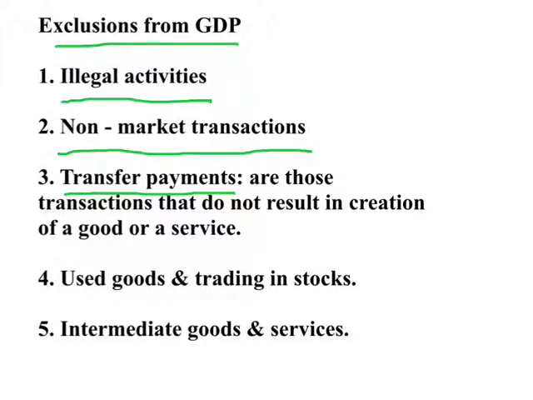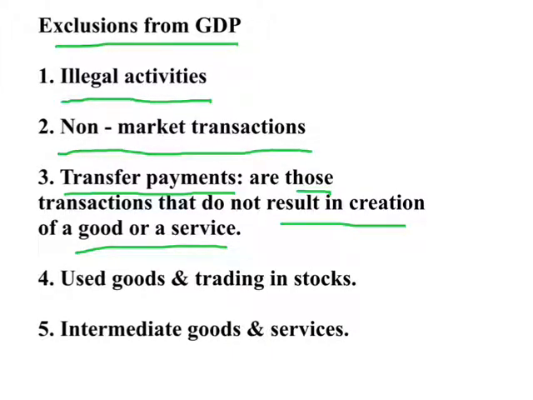In GDP, what we are trying to include are productive activities or money transactions which involve creation of goods and services. Transfer payments are those payments which do not result in creation of a good or service. For example, if you receive a gift check from your grandmother on your birthday, that's not a part of GDP because she has given it to you without expecting any production of good or service.